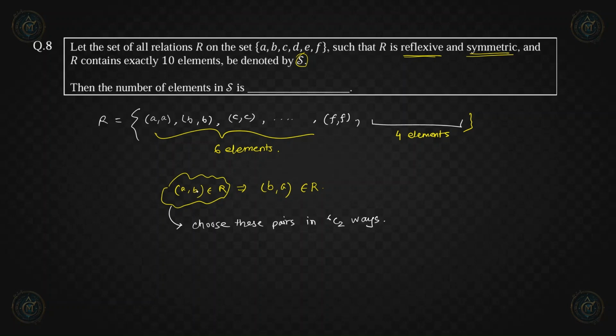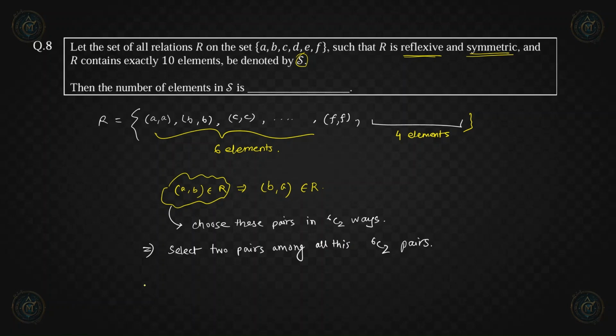If (A, B) is there, (B, A) will automatically be there. That means if we select any of these pairs, we automatically get the symmetric element corresponding to (A, B) or (B, A). So we have to select 2 pairs among all these 6C2 pairs.